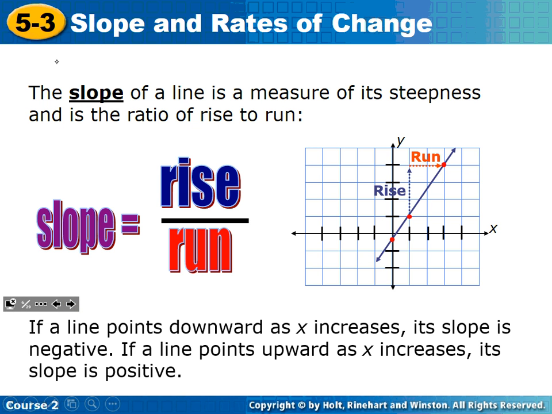If a line points downward as x increases, its slope is negative. If a line points upward as x increases, its slope is positive. You're going to be asked to determine whether a slope is negative or positive. I have an easier way to remember.